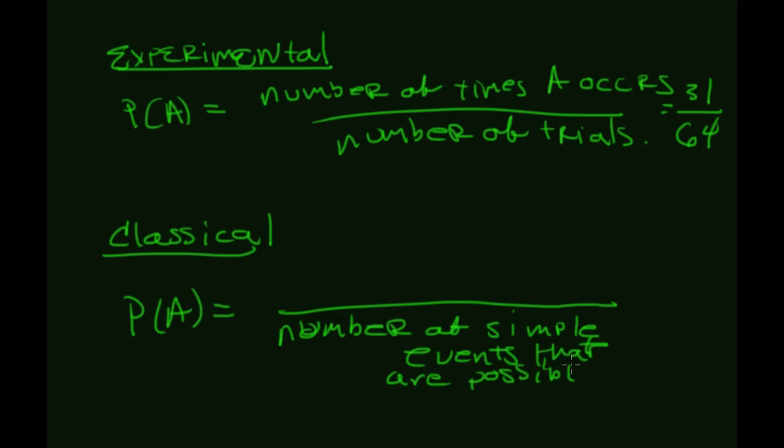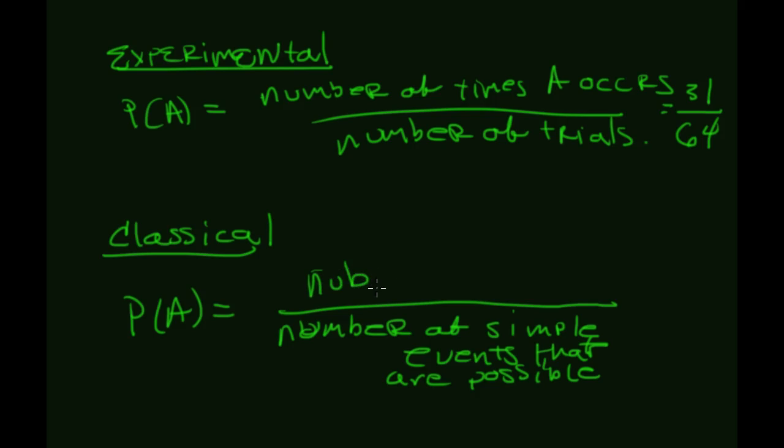Okay, so like in a coin toss, this number is 2, right? Heads, tails. In rolling a 6-sided die, this number is 6. It can come up as a 1, a 2, a 3, a 4, a 5, a 6. So this is the number of simple events that are possible, that could happen.